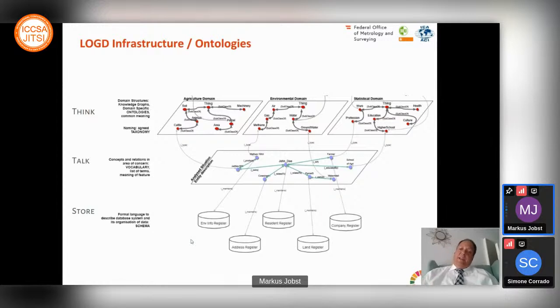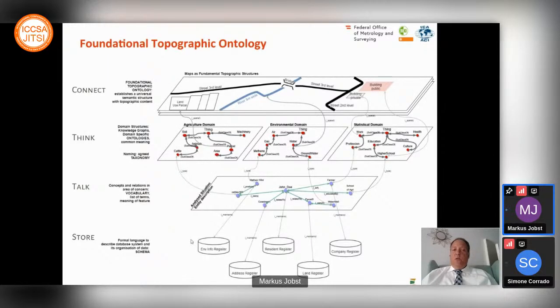In the end, we have on this level of vocabularies different ways of thinking. The taxonomy, the usage of the vocabularies is different from each domain. So you have not only one ontology, but you have several ontologies, at least for every domain that we are observing. Which means we have another core requirement here, which is a foundational topographic ontology.